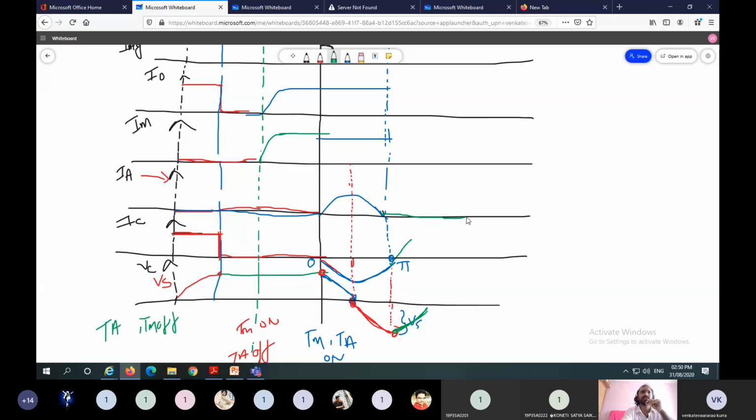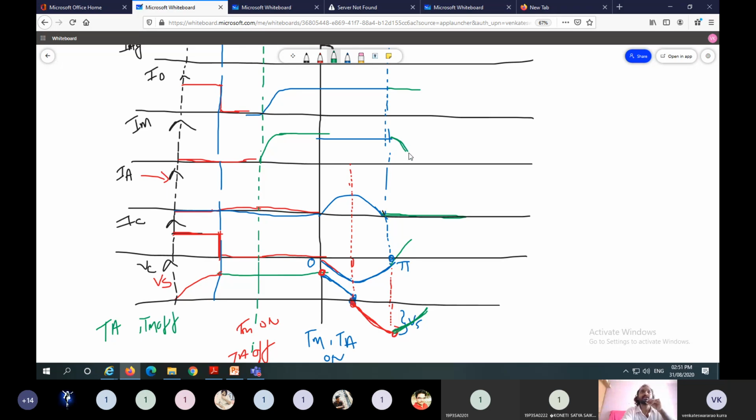So the auxiliary current is 0 like this. Capacitor current flows through the diode. So once capacitor starts discharging in this mode, main current decreases like this. But load current does not decrease because in this time period capacitor supplies the current to the load.